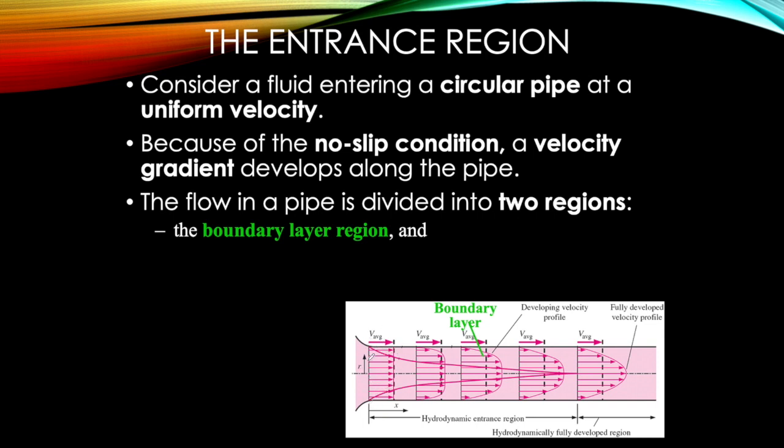The fluid layer nearest to the pipe wall will stick to the surface, and this is what we call the no slip condition, and the velocity at that region or at that point will be 0.